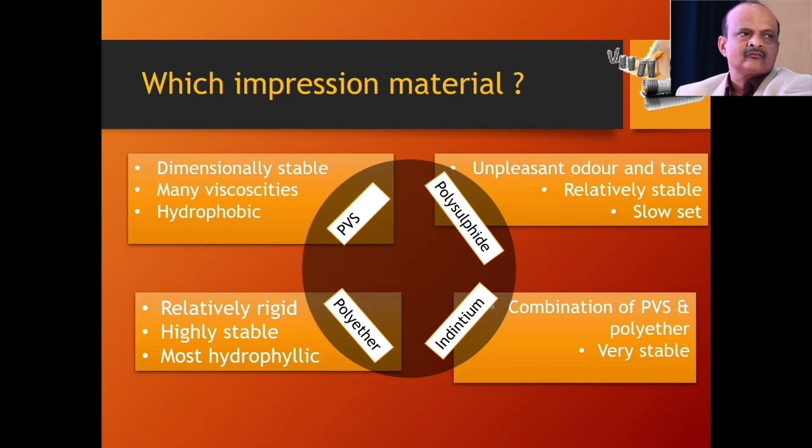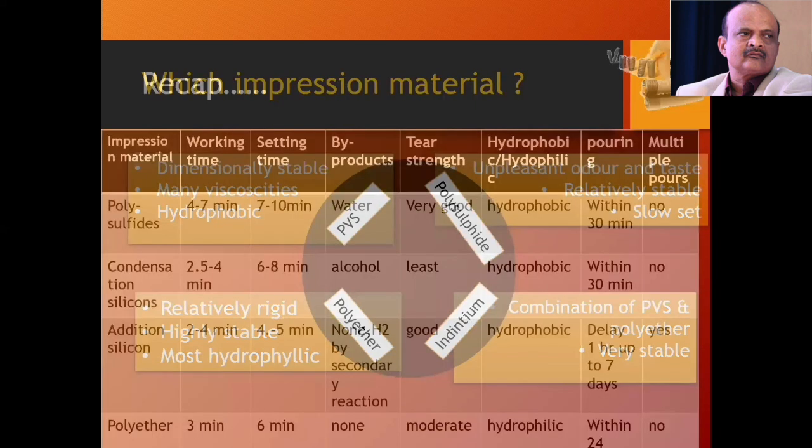Then polyether is a relatively rigid, highly stable material, and it is the only hydrophilic impression material. Identium comes with a combination of advantages of polyvinyl siloxane and polyether. That is good properties like the flow and elasticity of polyvinyl siloxane, and it also comes with the hydrophilicity of a polyether, and it is a stable material.